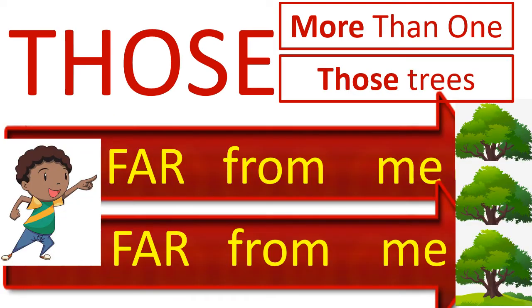We say those when we're talking about more than one person, place, or thing that are far from me. So for example, these three trees. Three is more than one. The boy cannot touch the trees. He has to point at them. So he says, those trees.